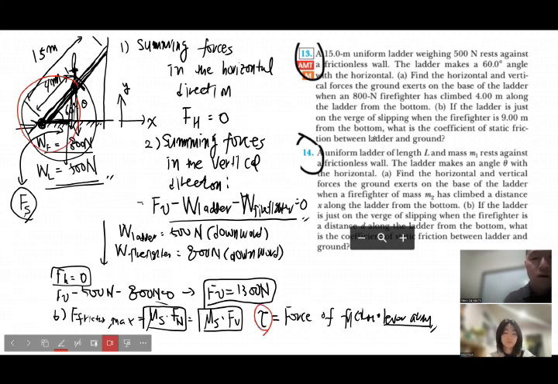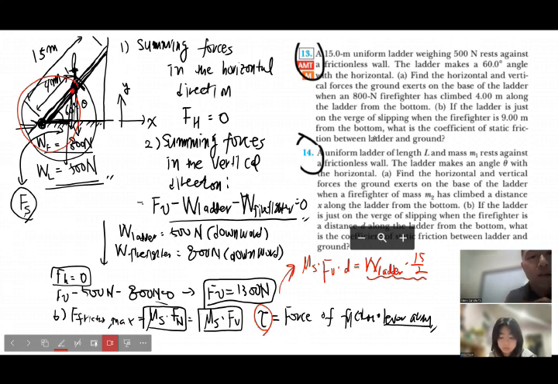So now if you plug that into this formula here, your net torque should be equal to 0 too, in order to stay in equilibrium. So that is mu_s times the vertical force times the lever arm d, which is our interest, and then you add the weight of the ladder times 15 meter over 2, because we can assume that the center of mass is sitting in the middle of the ladder.